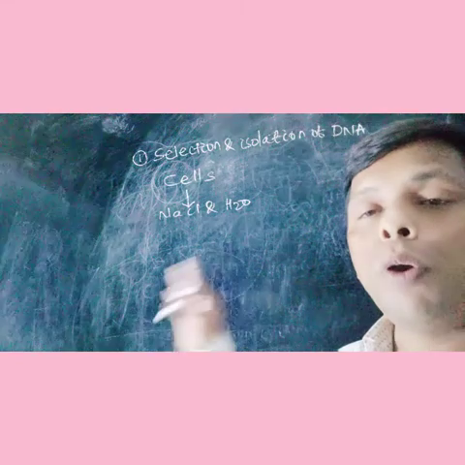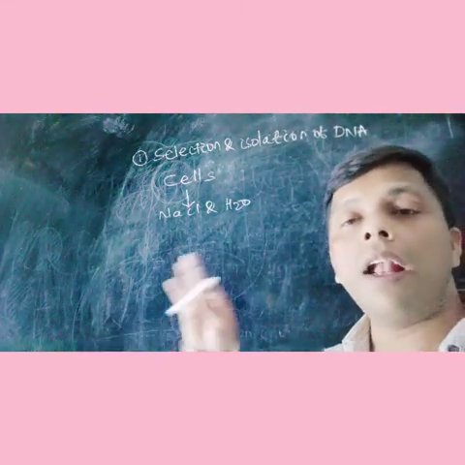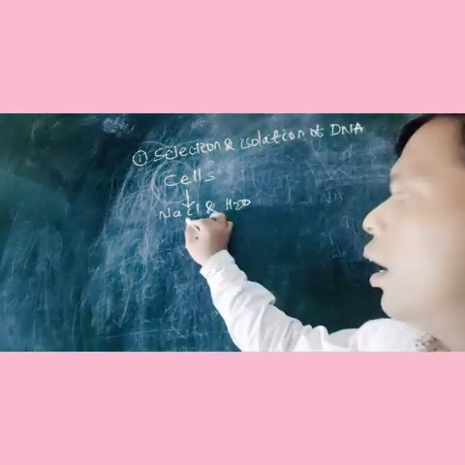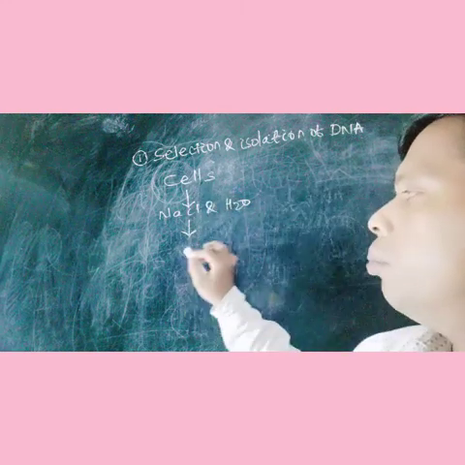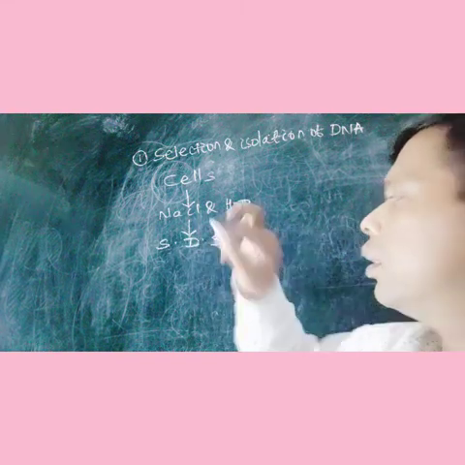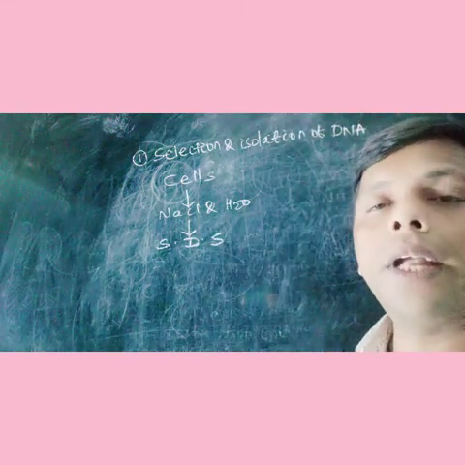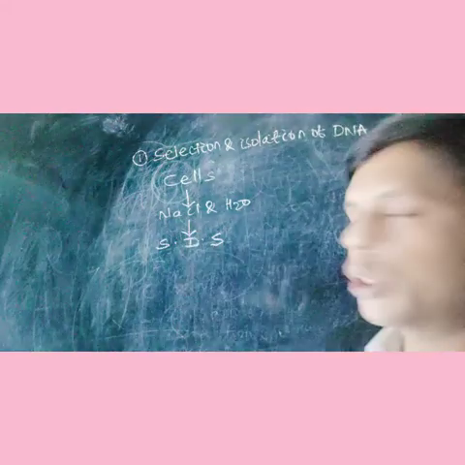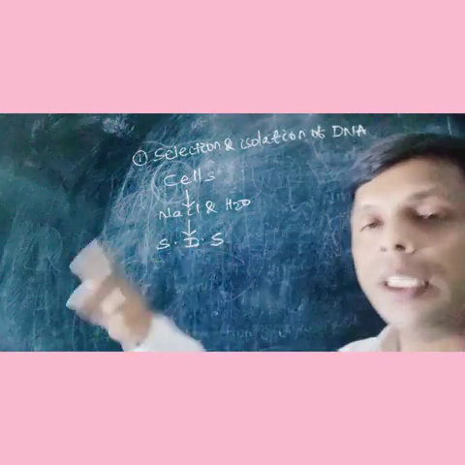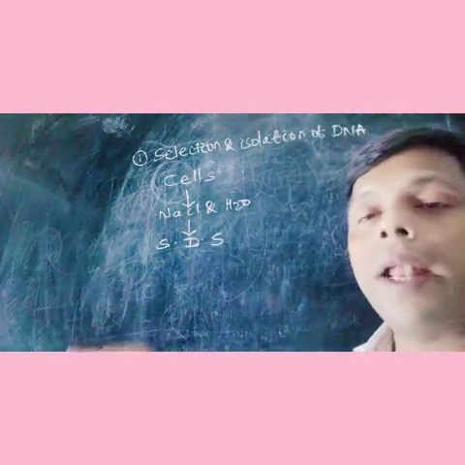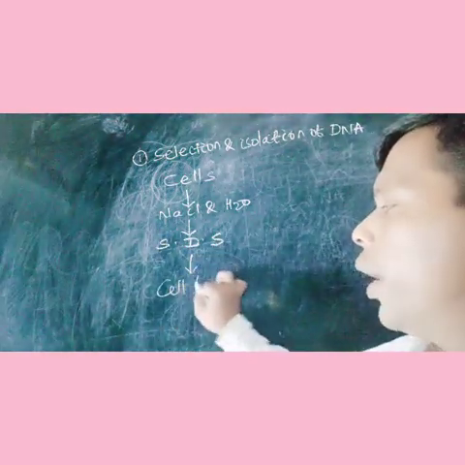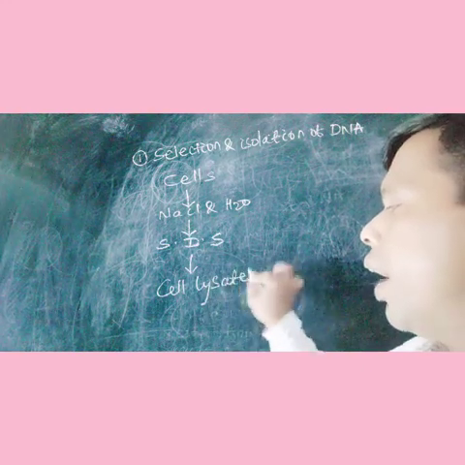It helps maintain the internal condition, that is, the cellular media. After treating with NaCl and water, we have to treat with SDS, sodium dodecyl sulfate. What is its role? It can disrupt the membranes of cells, the nuclear membrane and cellular membrane; everything gets lysed. So ultimately we obtain a cell lysate.